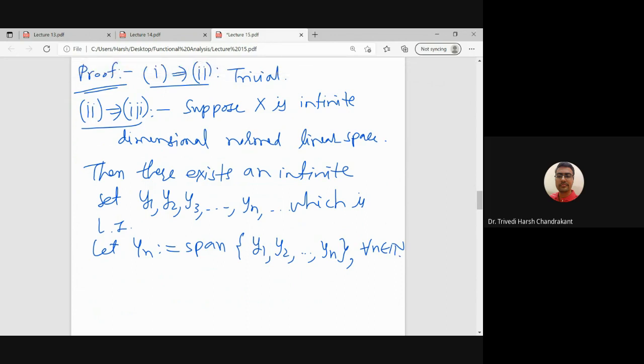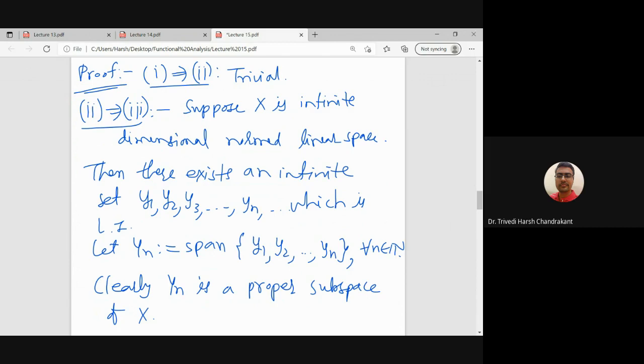Now what does this imply? Clearly Yn is a proper subspace of X. Span means linear span we are taking, so the set of all linear combinations of y1, y2, up to yn.